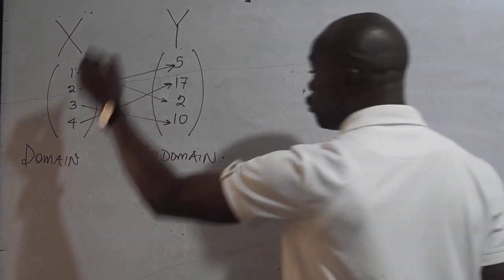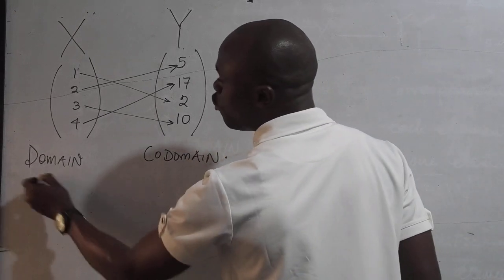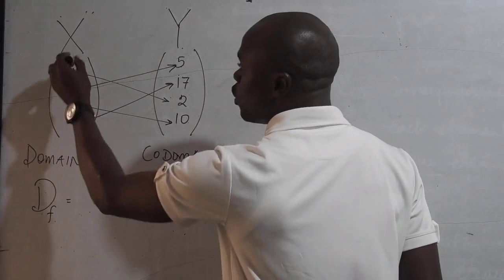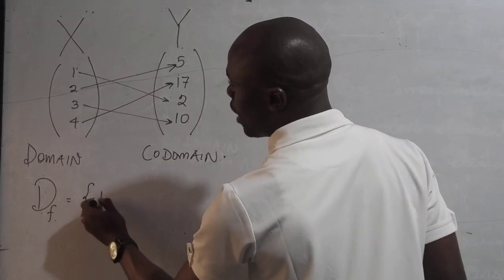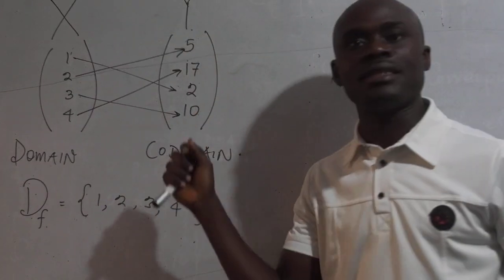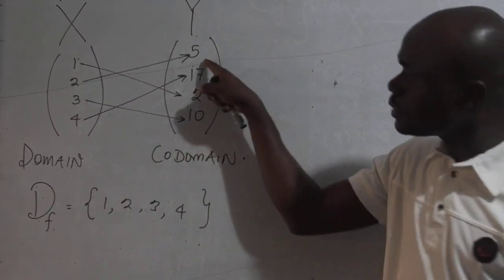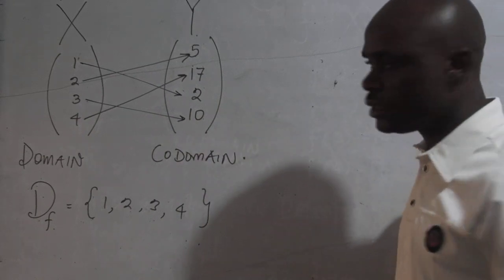Now, this is the domain, and this is the codomain. So we say that the domain of the function is 1, 2, 3, and 4. But the set of elements that an arrow has been traced to, that have been mapped, these elements are called the images.